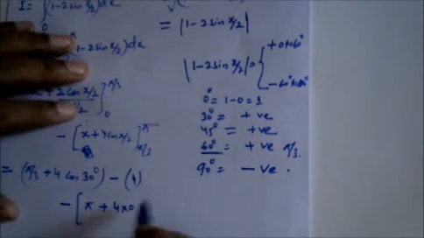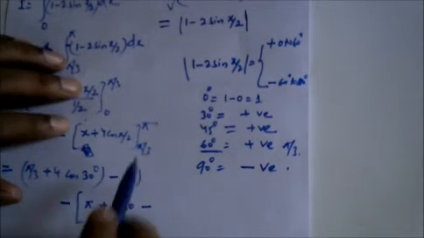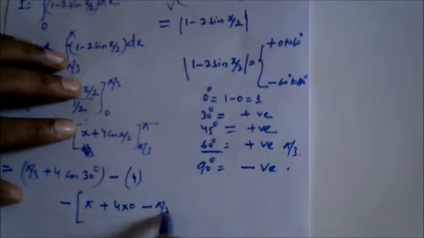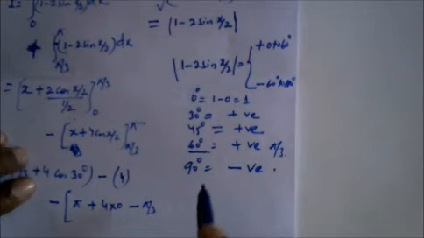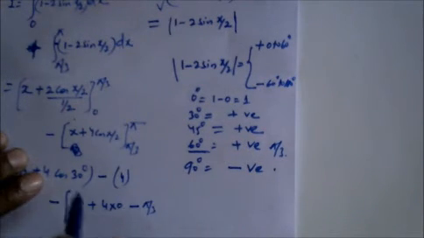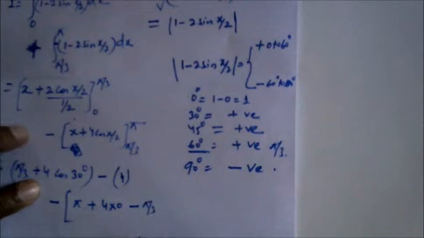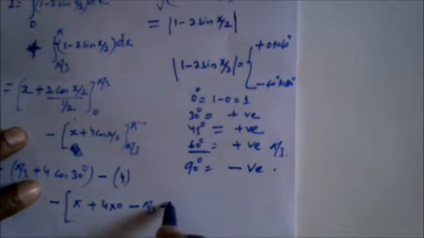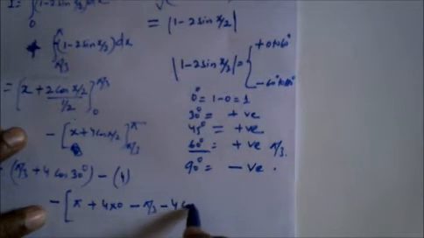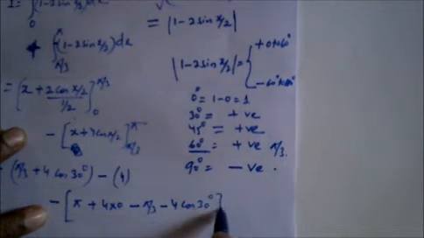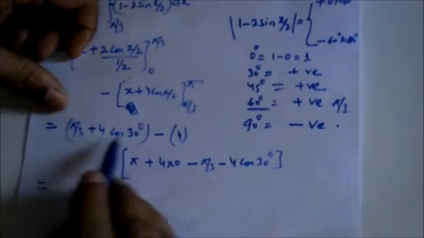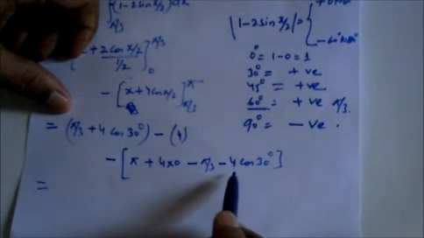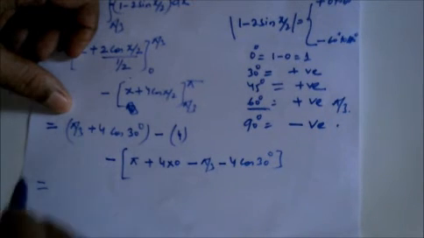Then again minus pi by 3, and again pi by 3 is the same value, 4 cos 30 degree will come here. Okay, so minus 4 cos 30 degree. Okay, right. So in this way we have now solved. Here plus is there, here minus is there, so it will become plus.